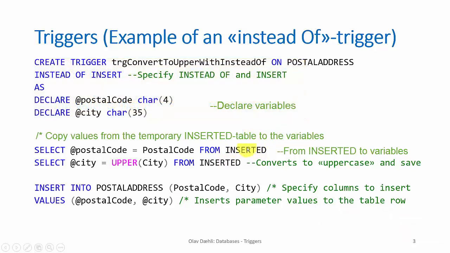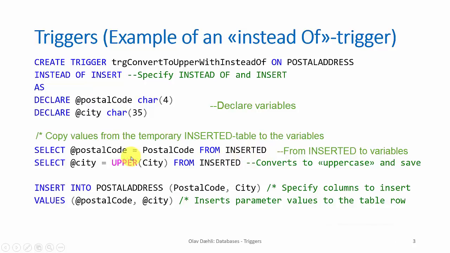And from this temporary array, we can read the values from postal code and city into our variables. And that we do by writing some select statements. Select @postal code, and we say that the postal code variable will be assigned the value postal code from the temporary table inserted.